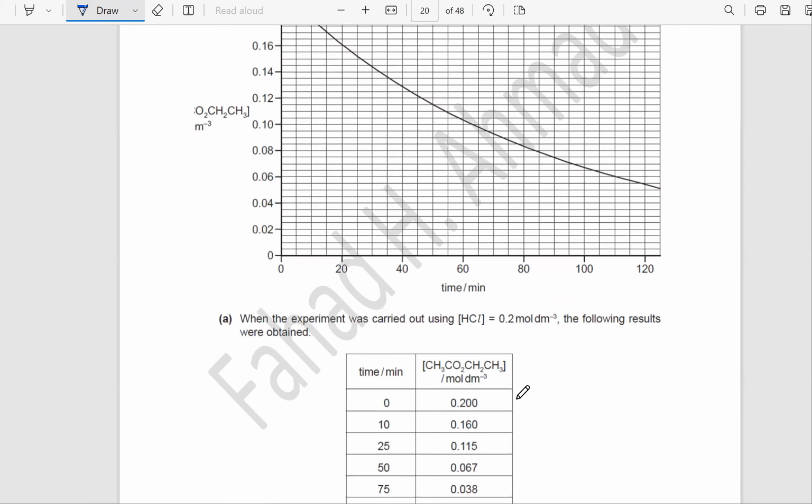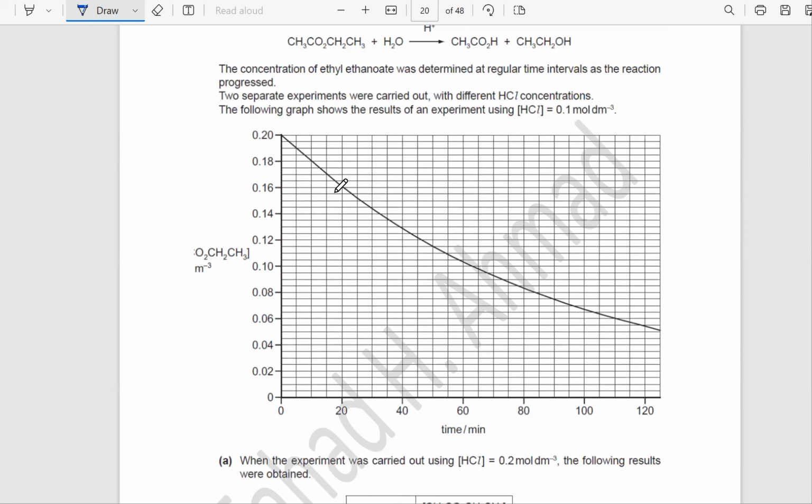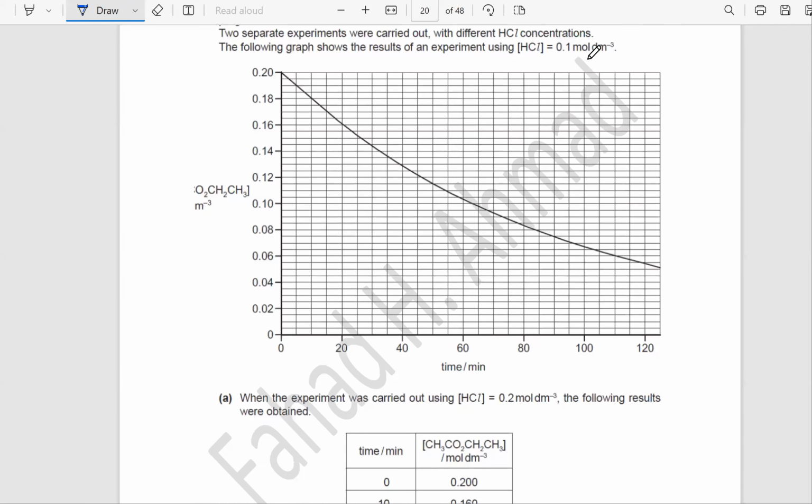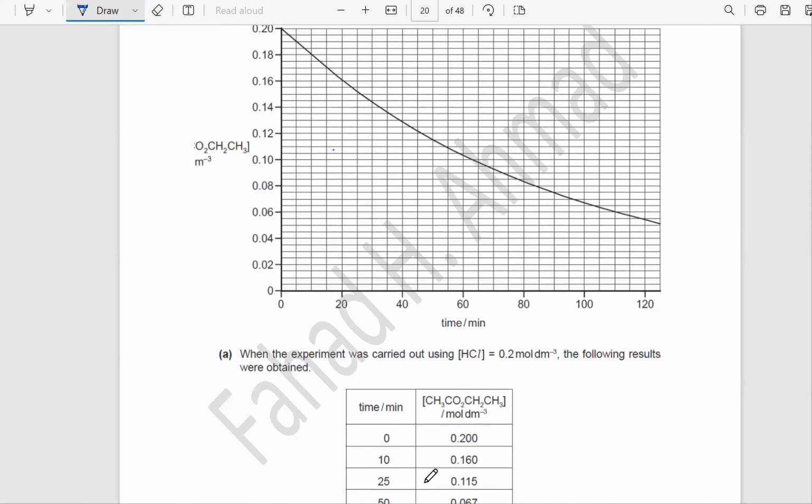तो वो exactly same होगा. It's going to plot one, he's going to plot the other one, ठीक है? और फिर इधर क्या कर रहा है कि the concentration of HCl is doubled. So since he is doubling the concentration, the second reaction is going to be much steeper. ये 0 पे 0.2 है, इसका प्लॉट कर लेते हैं. 10 पे कितना है? That's 0.16.